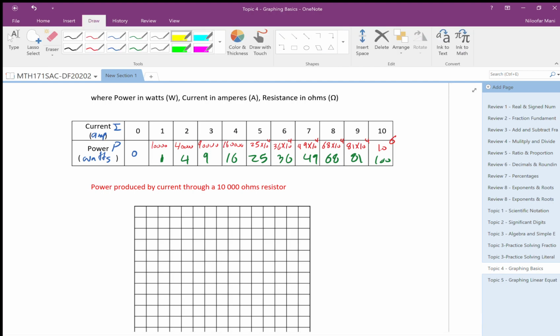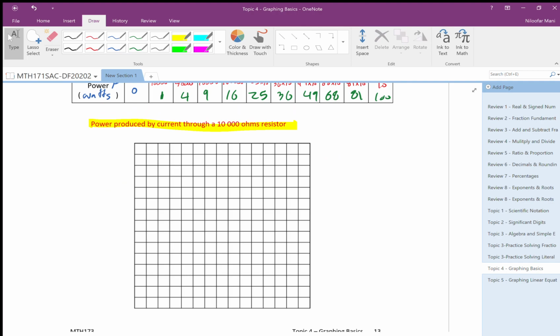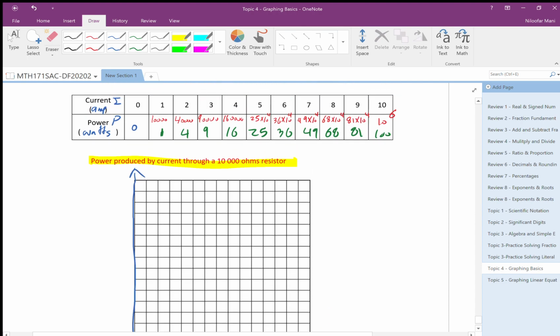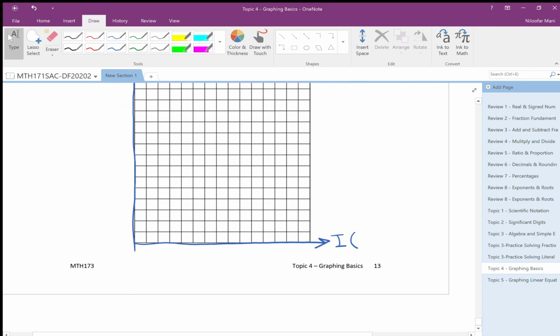The second step: here I have I, which is current, and that's amperes, right?